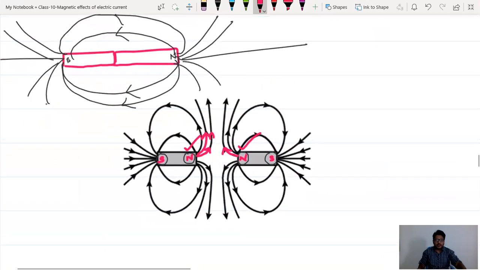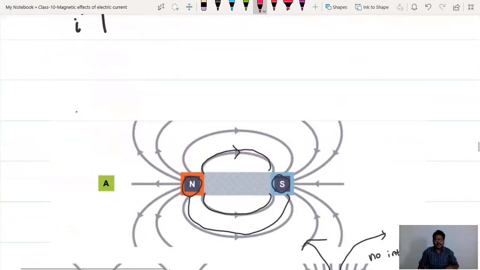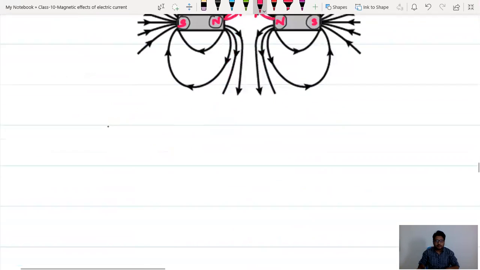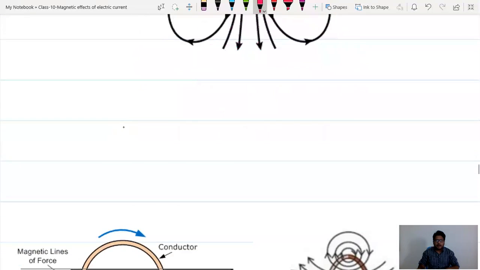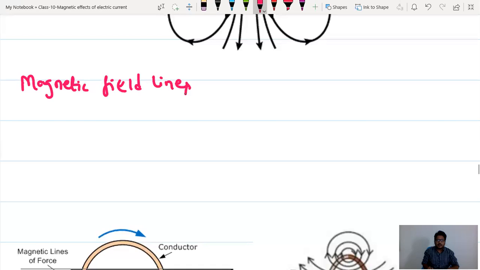So here one thing you need to understand regarding magnetic lines. While coming to magnetic field lines, we need to talk about strength or potential.